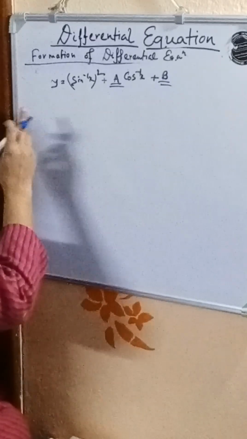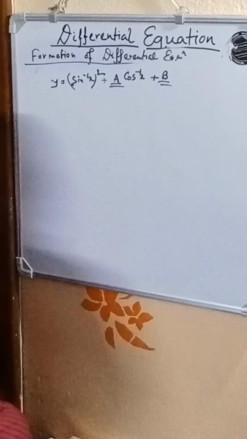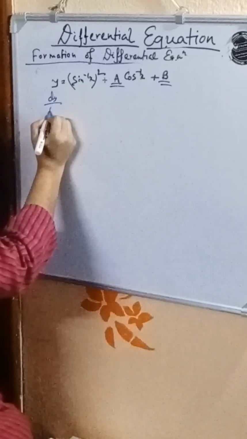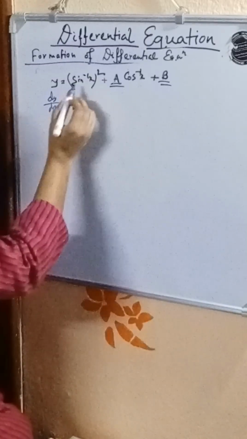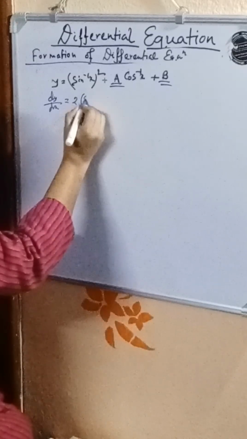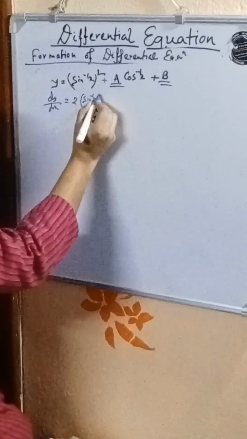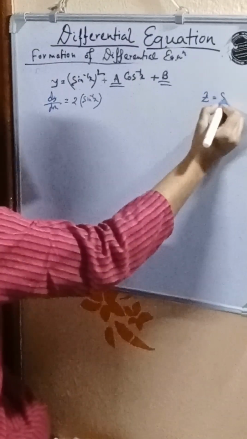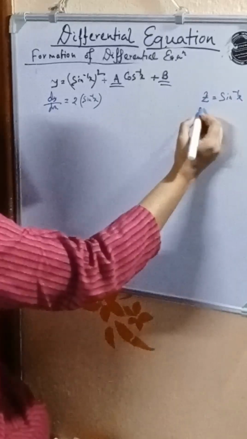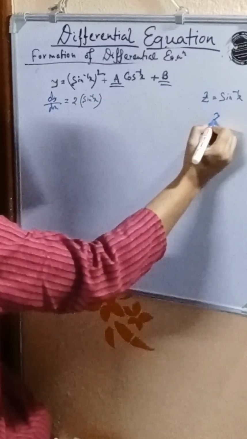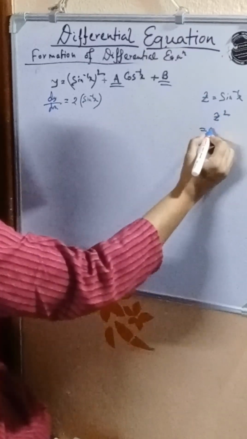Two arbitrary constants are present, so we have to differentiate this equation two times. dy/dx: the derivative of (sin inverse x) whole square is 2 sin inverse x. If we consider z equal to sin inverse x, then the derivative of z square is 2z.